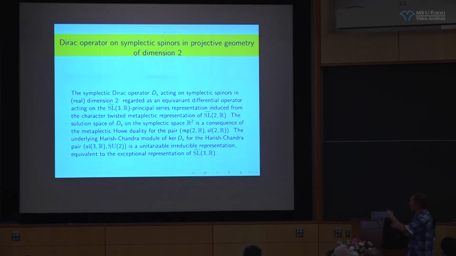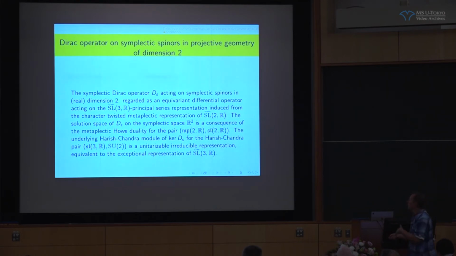So the novelty of this approach is that, after some technical modification, because we have to deal with infinite dimensional representations as inducing representations, the F method can be adopted to these cases, and I will show you the corresponding system of differential equations, which are not of second order, but of a higher order in this case, which then construct, produce a single vector, which then corresponds to the realization of the symplectic Dirac operator on the two-dimensional sphere, which is in the sense of topological spaces the double cover of real projective space of dimension 2, right?